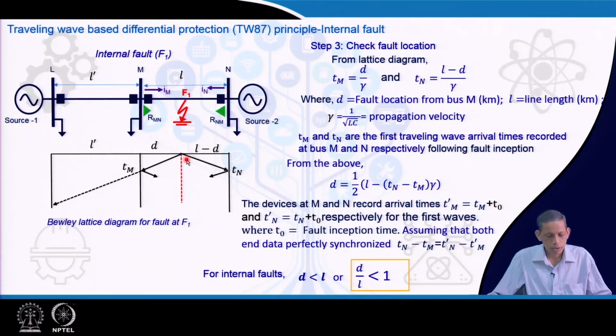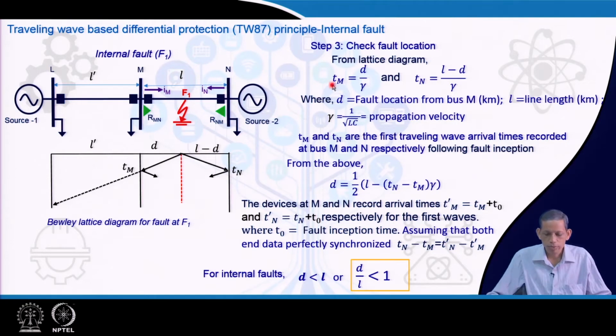So, if you see this space time diagram, lattice diagram, then the wave which traverses this path distance of d will take a time of, let us say, T m to reach this relay location R m n, and the distance L minus d to the right to bus n takes, let us say, T n.